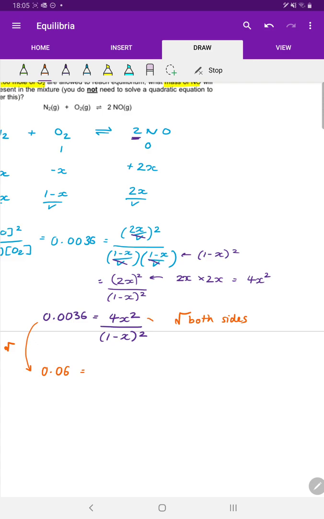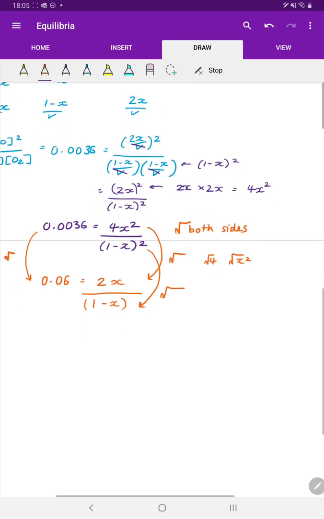Then I'm going to square root this one, and you need to square root both terms. So I need to square root the 4 and I need to square root x squared. Okay, so I end up with 2x. And then I also want to square root my bottom term, so I get 1 minus x on the bottom here. You can ignore the brackets as well if we want to, but I'm going to leave them in just for a minute.